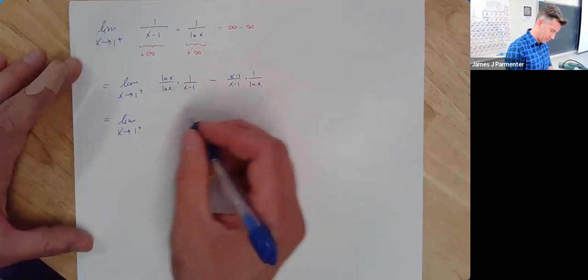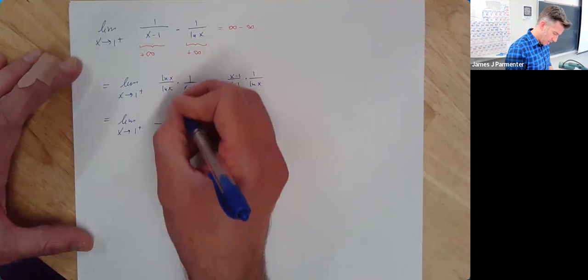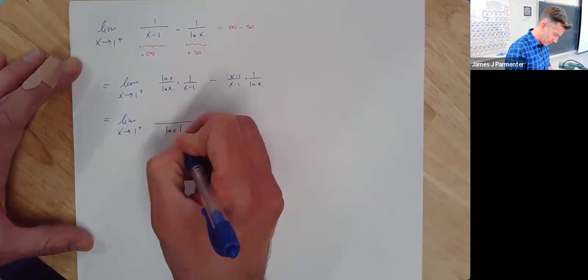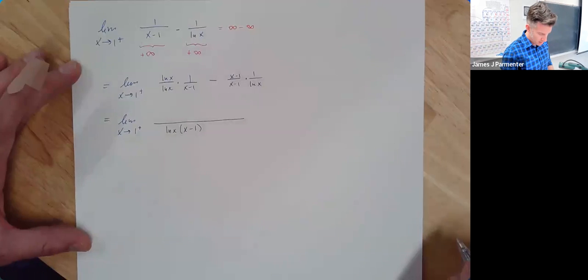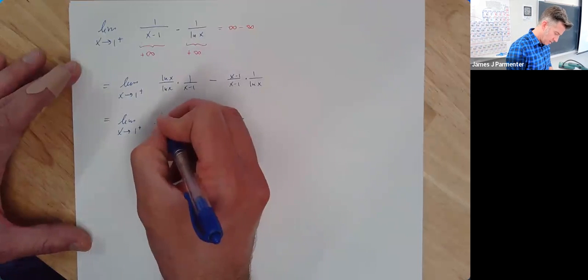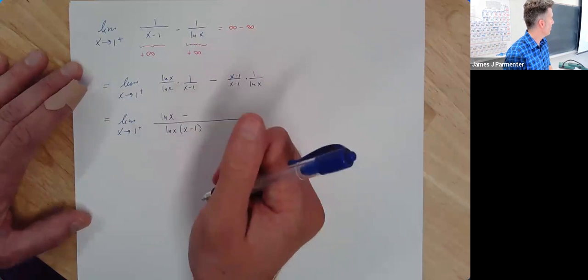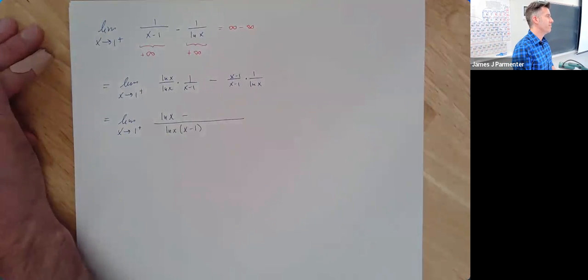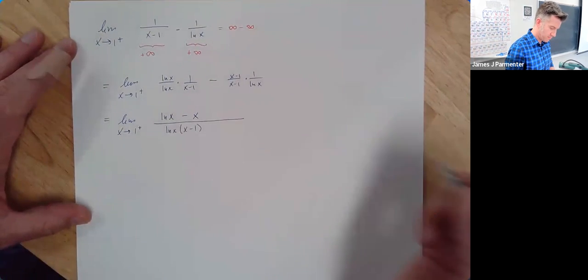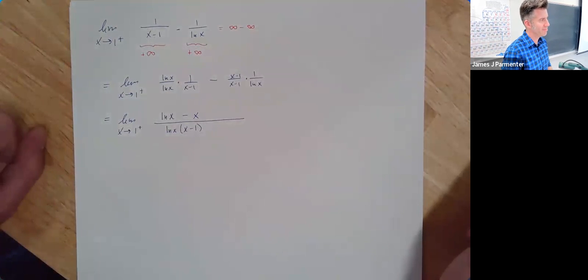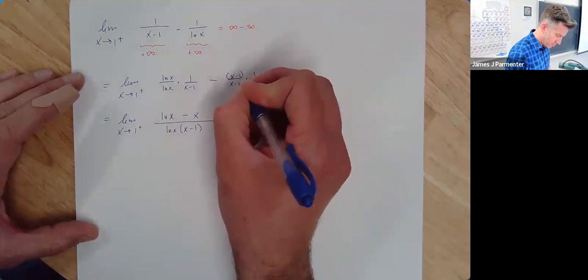I'm just rewriting this expression as, well, my denominator is the natural log of x times x minus 1. And the numerator is the natural log of x minus what? Minus x. And then what? Close, but not quite. Actually it's going to be plus 1.